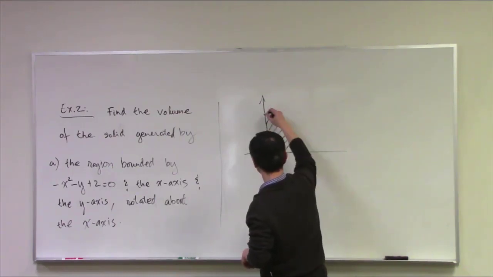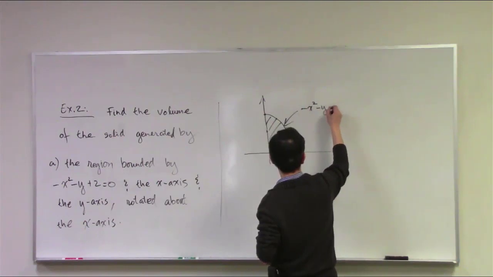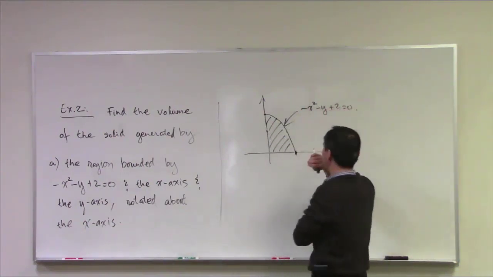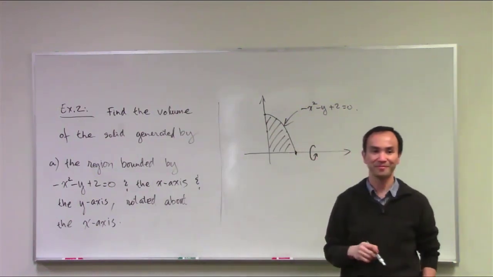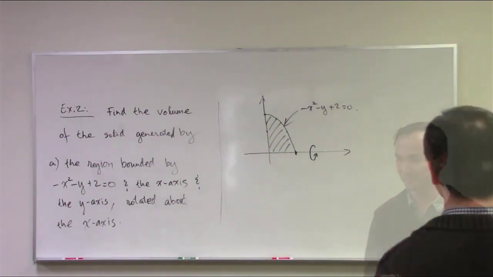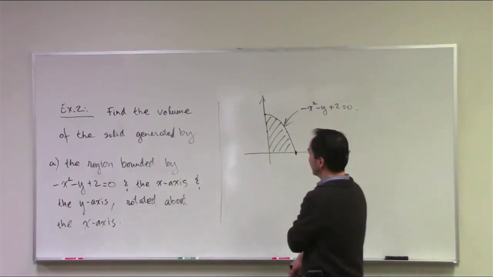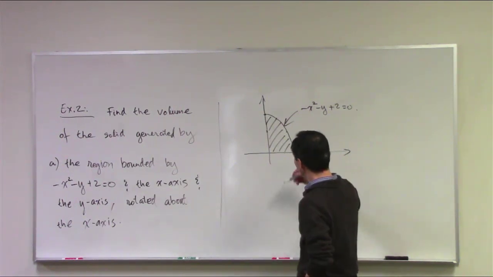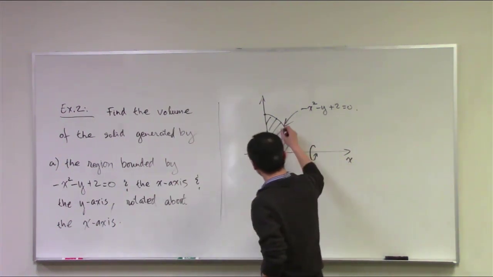The x-axis, the y-axis, and that curve, minus x squared minus y plus 2. Rotate around the x-axis, so the axis of rotation is right here. Once we are given information about the rotation axis, which is the x-axis, then we have to put the stripe.